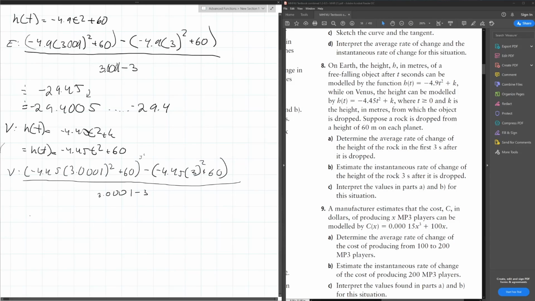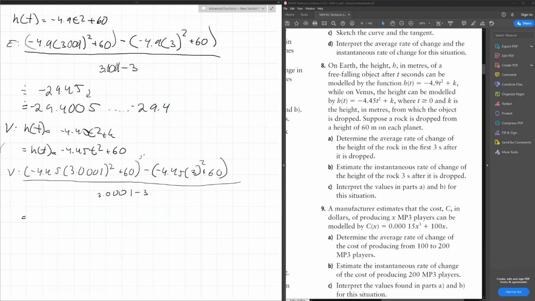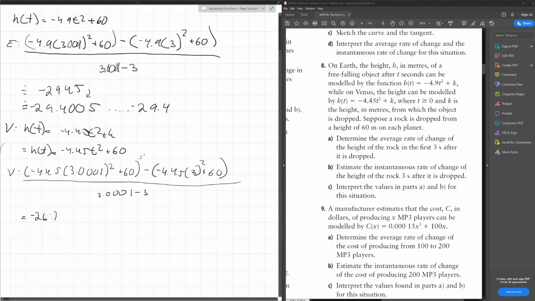This gives us a value of approximately negative 26.7 meters per second on Venus. And this is also meters per second on Earth.